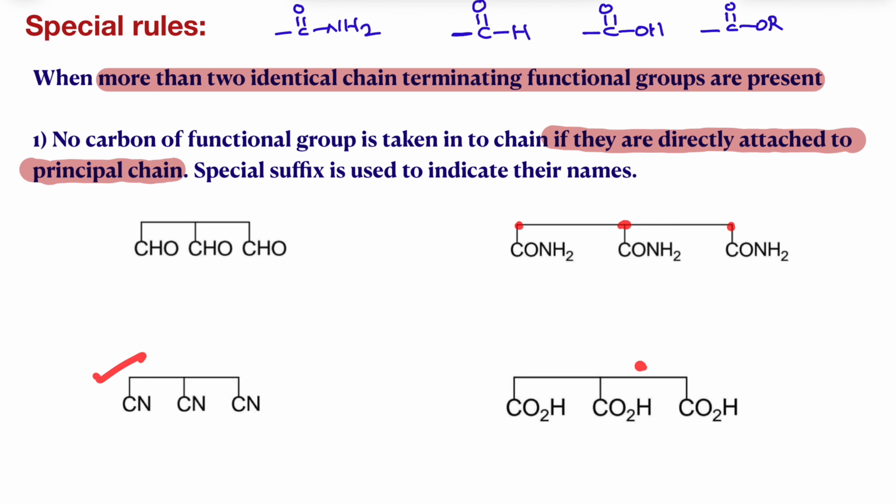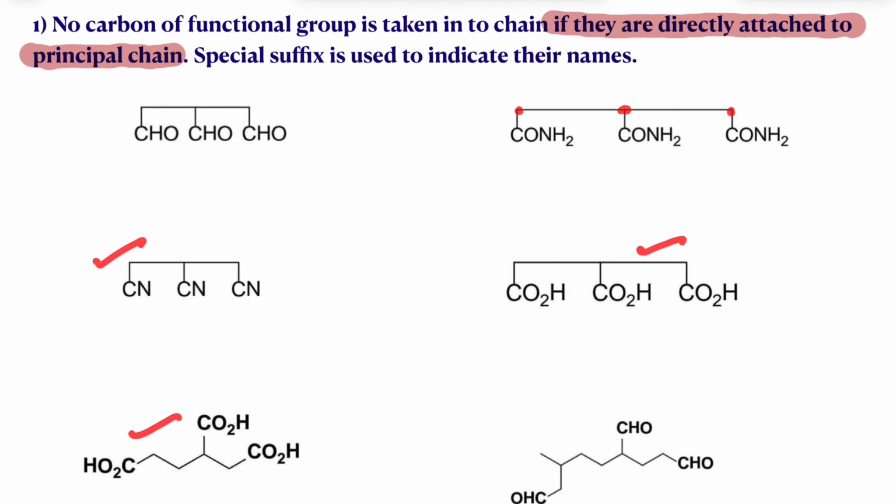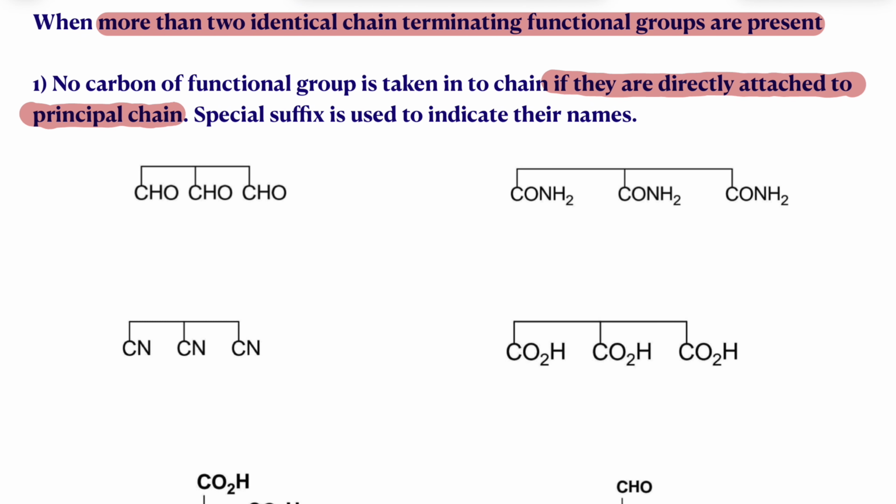You can observe this situation, and even this situation. Here this is the principal carbon chain and all of them are directly attached to it. In all these situations, we have to use a special rule to give the correct IUPAC name. What exactly do we have to do? No carbon of a functional group is taken into the longest chain.